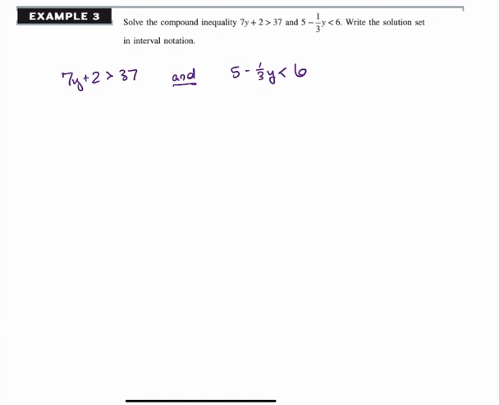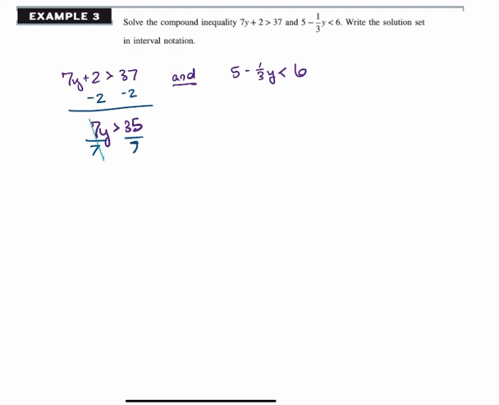So on the left, let's start out by subtracting 2 from both sides. So I'll get 7y is greater than 35. Then I have 7 times y, so let's divide both sides by 7, dividing by a positive, so I don't have to flip.